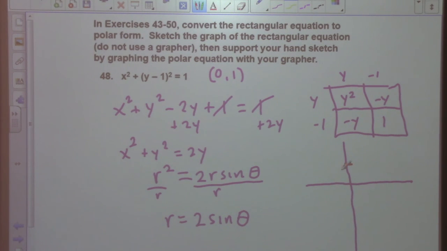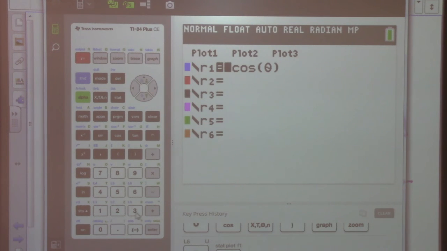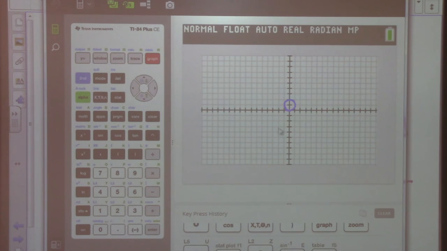So we should have something that looks like this. Does that look right? So let's go to the calculator. And so it should pop up right up here. So 2 sine theta. There we go. Does that look right? Yeah, it does.